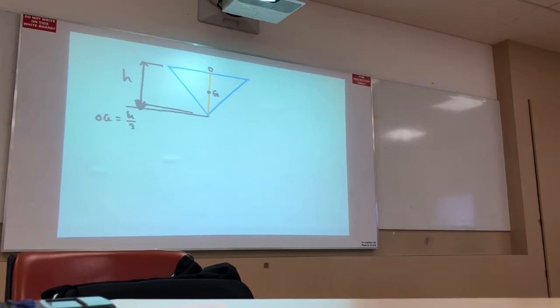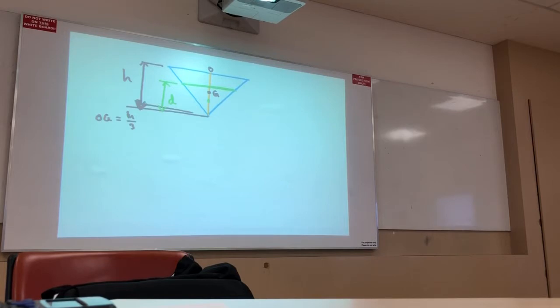Okay, so now I just draw the water surface line. This is the water surface line, right? So the distance from here to here is D. In the question they tell you this is D. So center of buoyancy I can say somewhere here.